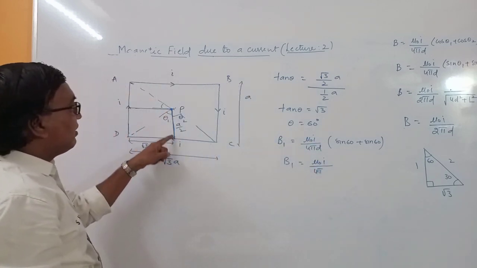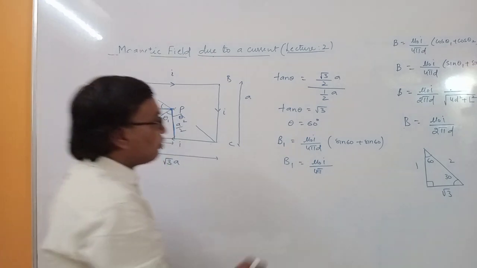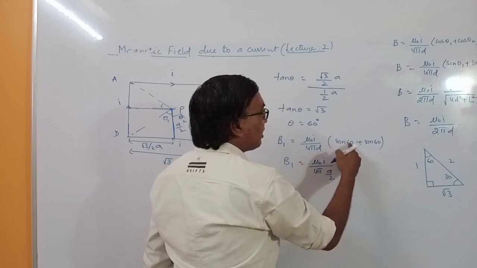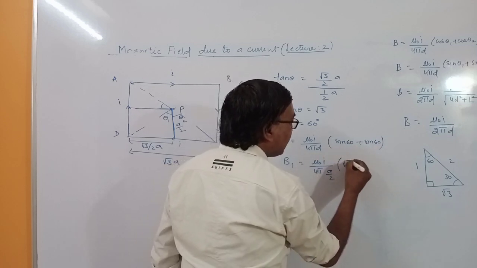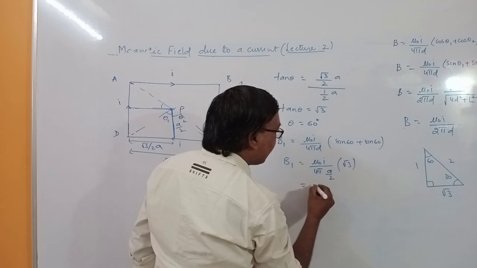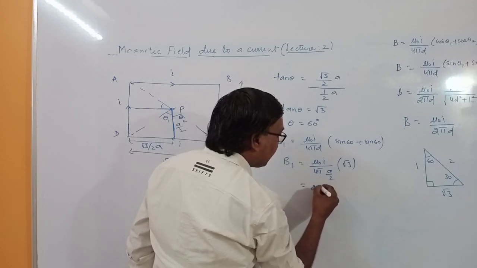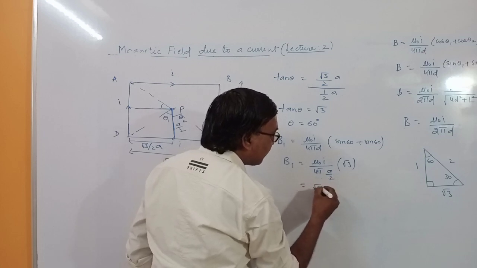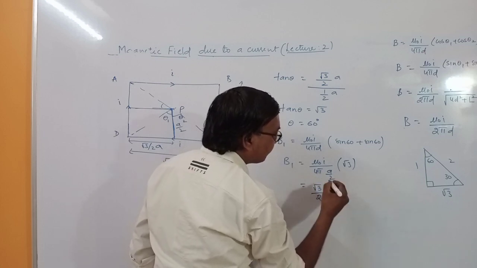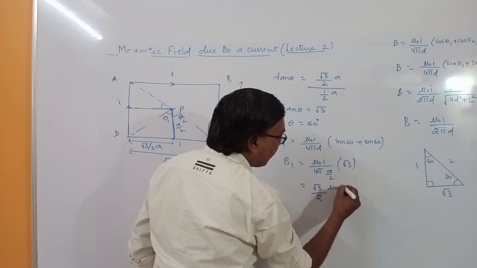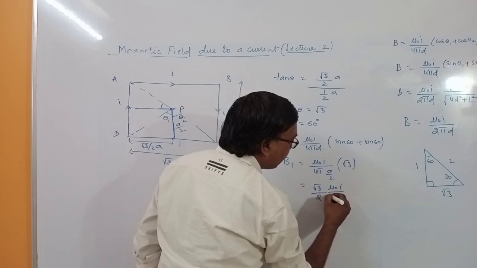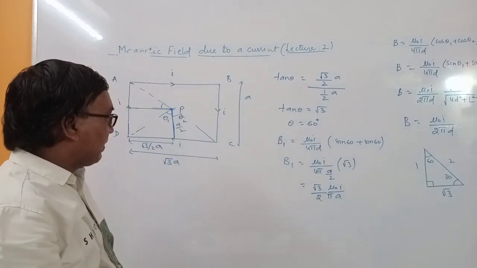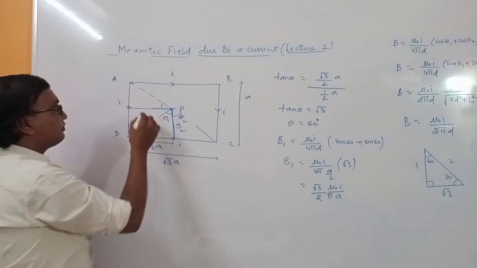What is the value of d? Value of d is A/2 in this case. So A/2 into √3/2 plus √3/2 is √3. So we'll get B1 2 √3. Sorry, we can cancel out here. So √3/2 μ0 I upon pi A. So this is B1.